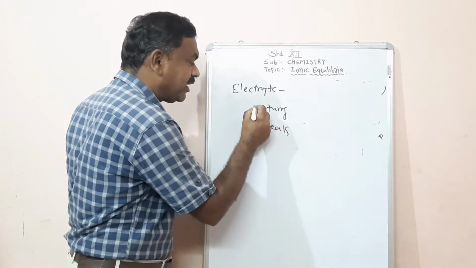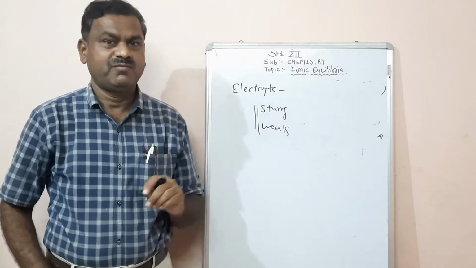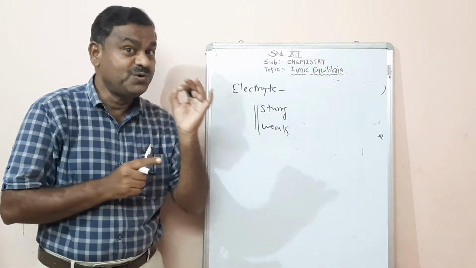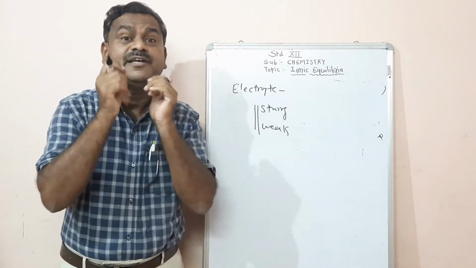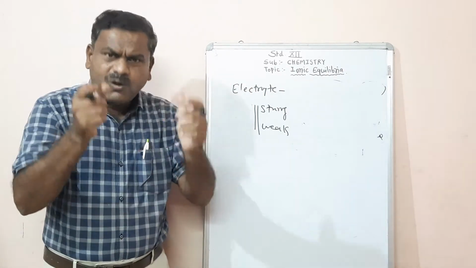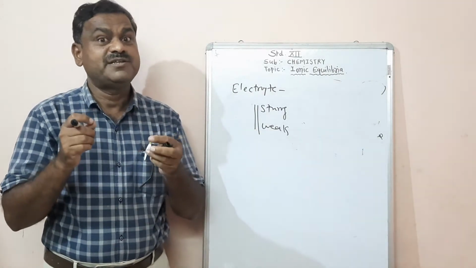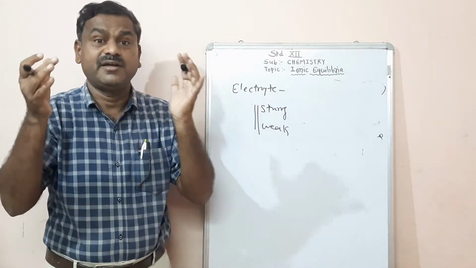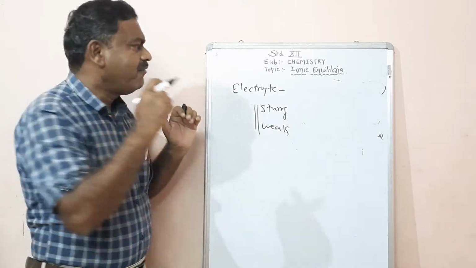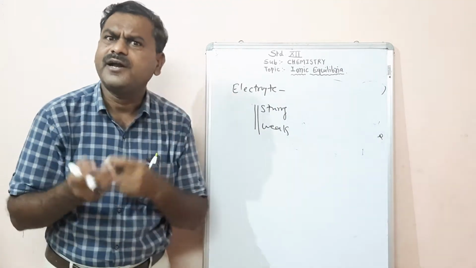These are the two types of electrolyte. But before that, you should know what is meant by electrolyte. Water-soluble compounds are divided into two kinds: first is the electrolyte and second is the non-electrolyte.